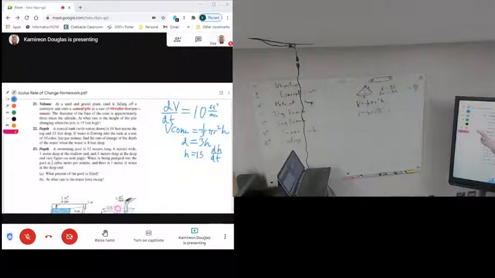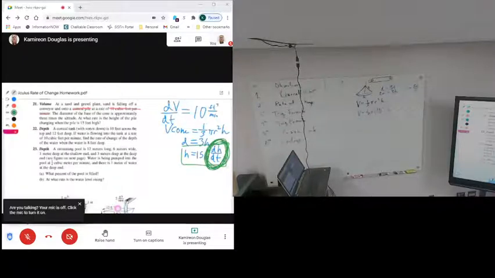We want specifically to find dH/dt. This is reason enough. That's why, which I only get by reading this last statement correctly. What is the rate of change of the height? Well, rate of change of height is dH/dt.